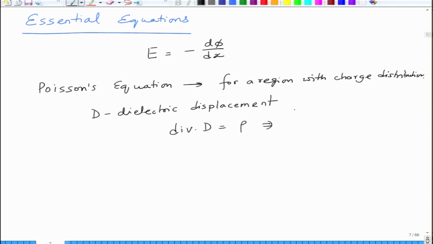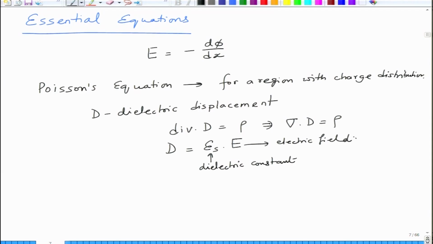Or you can say del dot D is equal to rho, and from basic physics we know that D is equal to epsilon S times E, where epsilon S is the dielectric constant of the semiconductor and E is the electric field.